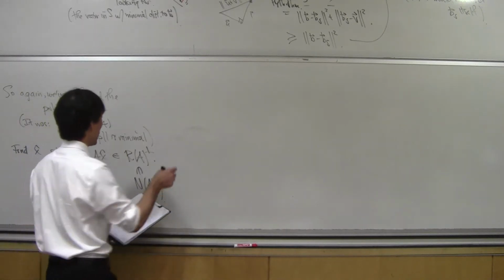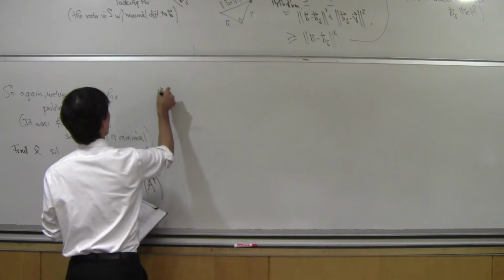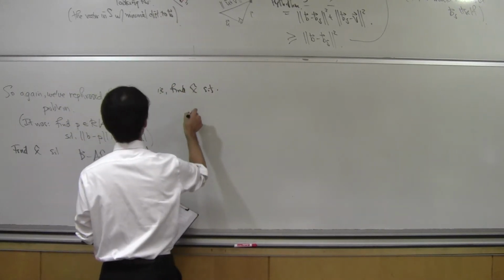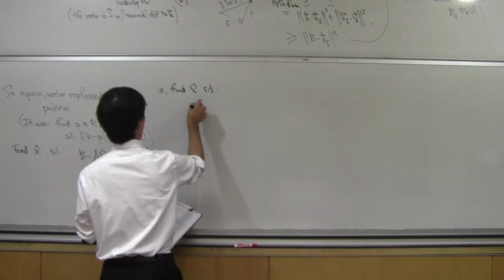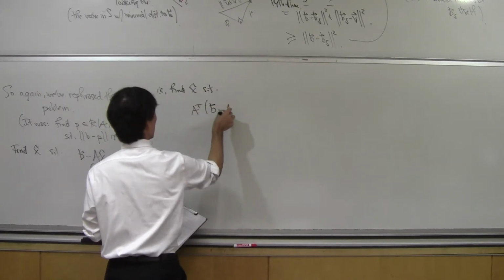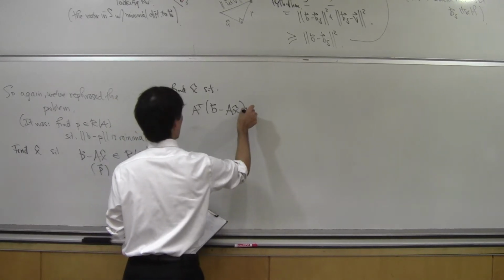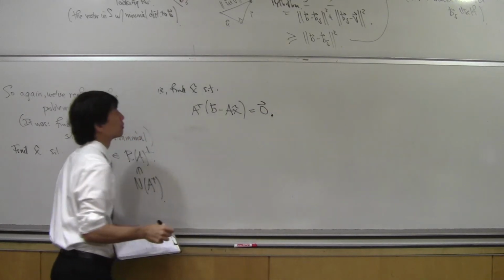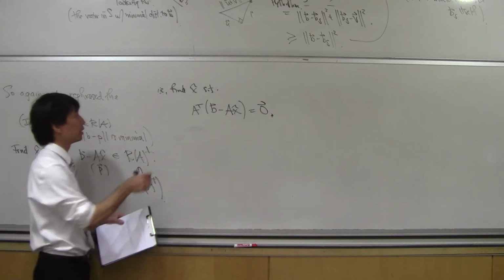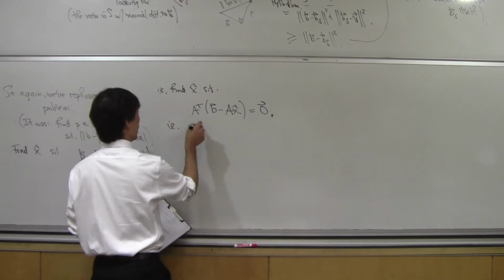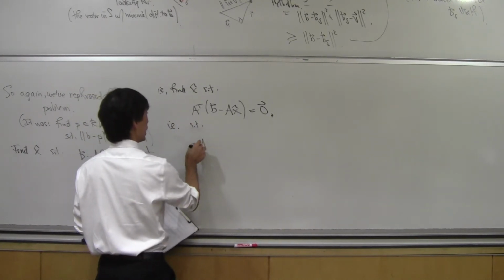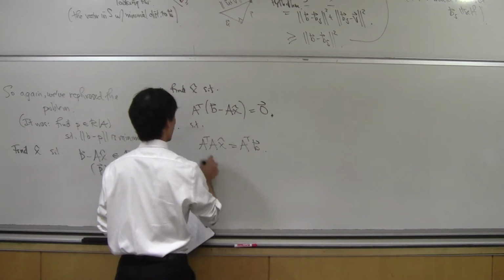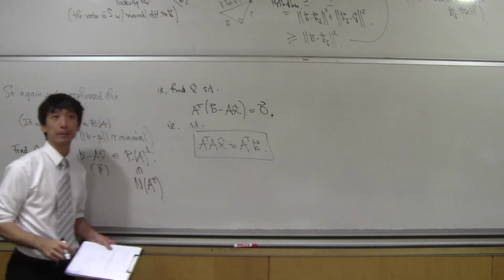So we get: find X hat such that A transpose (B minus A X hat) equals 0. Right? I.e., such that A^T A X hat equals A^T B.